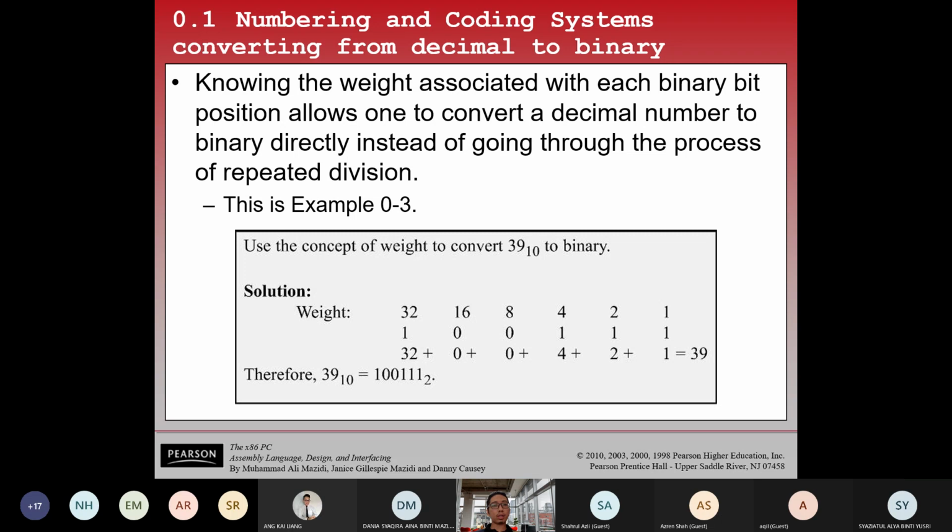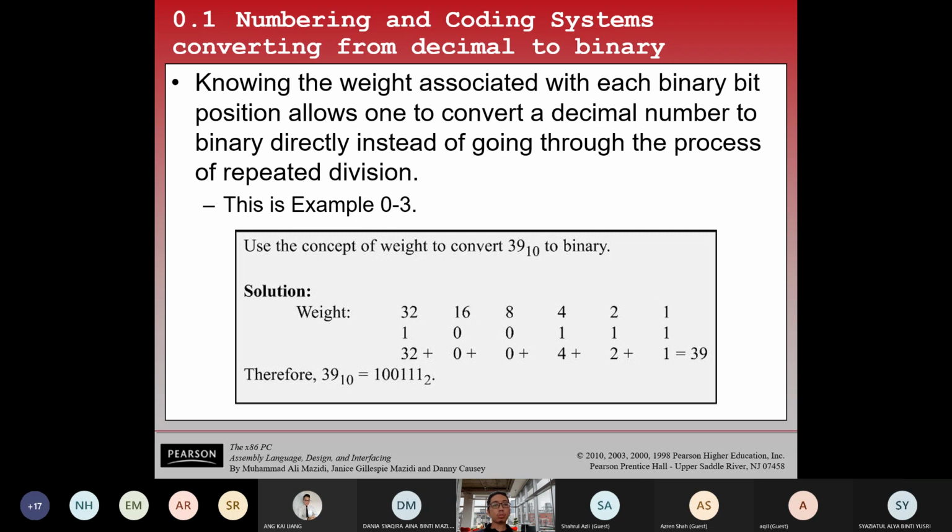So what is left? If you minus 32 from 39, you have 7, right? So you need to find the combination for 7. For 16, it will be 0. 8 is 0. 4, yes, 1. 2, yes, 1. And 1 is 1. So this totals up to be 7.